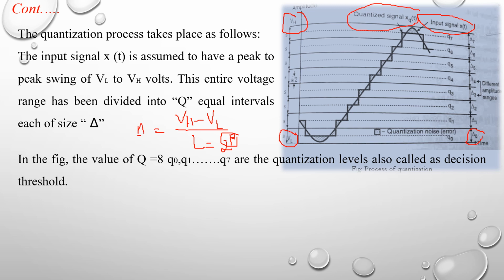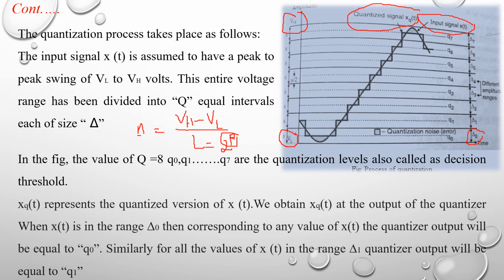Let us assume, for example, this is the first level and the voltage is 000, and this is the last level, the voltage is 111. xq of t is the quantized output or rounded value that represents the quantized version of x of t.